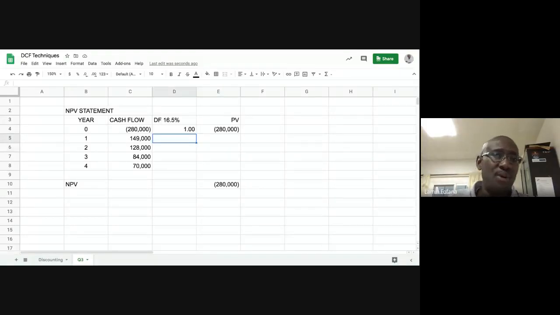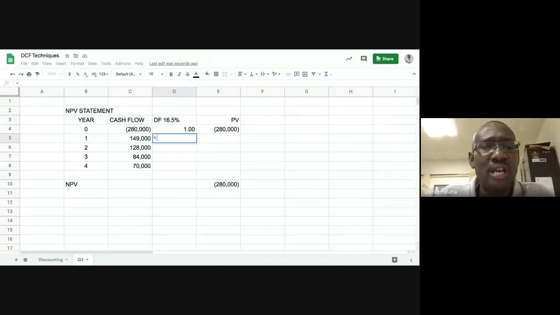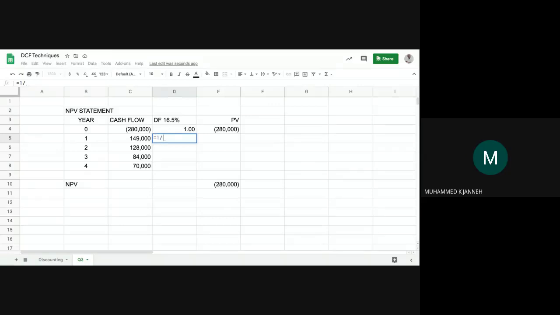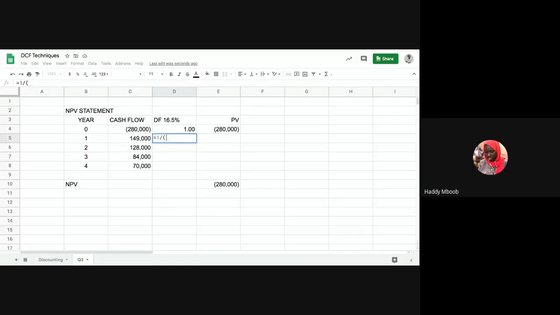Okay, so year one, what will be the discount factor? How do we calculate it? I have 0.85. Okay, show me how to calculate it. You say 1 divided by 1.17 raised to power 1.